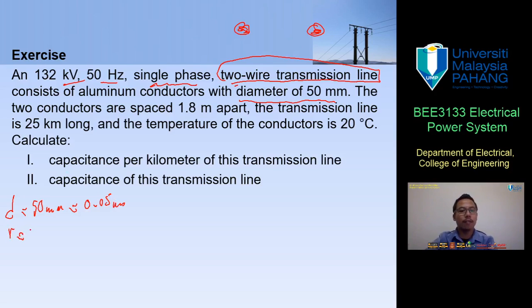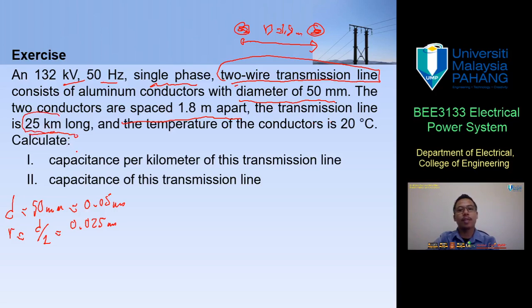It's half of the diameter, so 0.025 meter is the radius R. Next, the two conductors are spaced 1.8 meters apart, so D is 1.8 meters. The transmission line is 25 kilometers long.